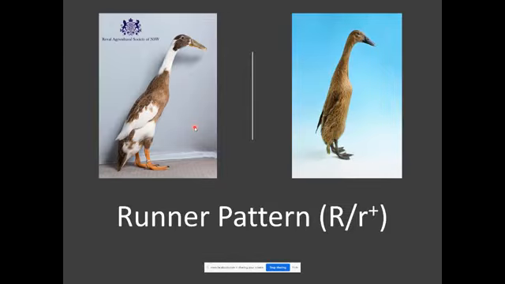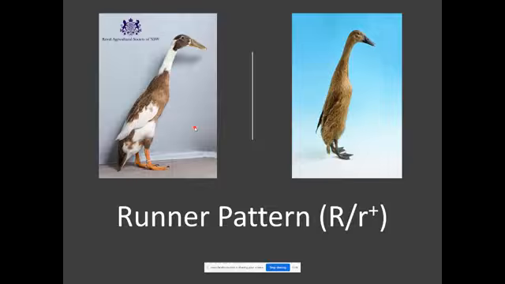Another gene I just want to introduce, and I'm going through them one at a time with examples, trying to mix the breeds up a little bit, is one that's called the runner pattern gene, or sometimes the pied gene. And what we can see here is that having the runner pattern gene will convert a fawn runner into a fawn and white runner.